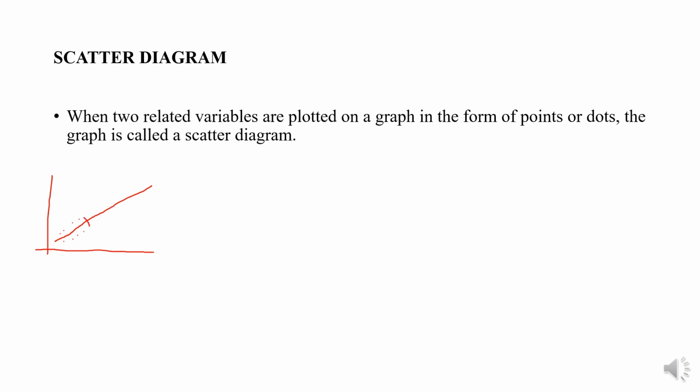So this is the scatter diagram of positive correlation.